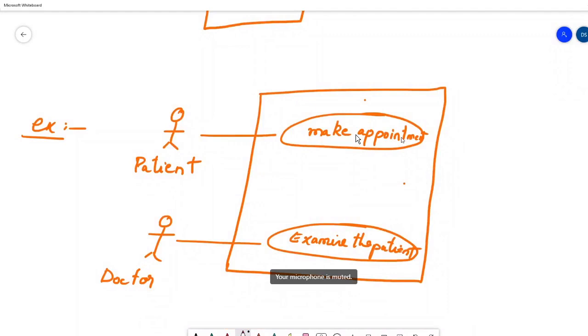He first makes an appointment, and after the appointment, the doctor examines the patient. The next point we have to see is the relationship, and how relationships between use cases help us study these diagrams more clearly and understand the functioning of the system.